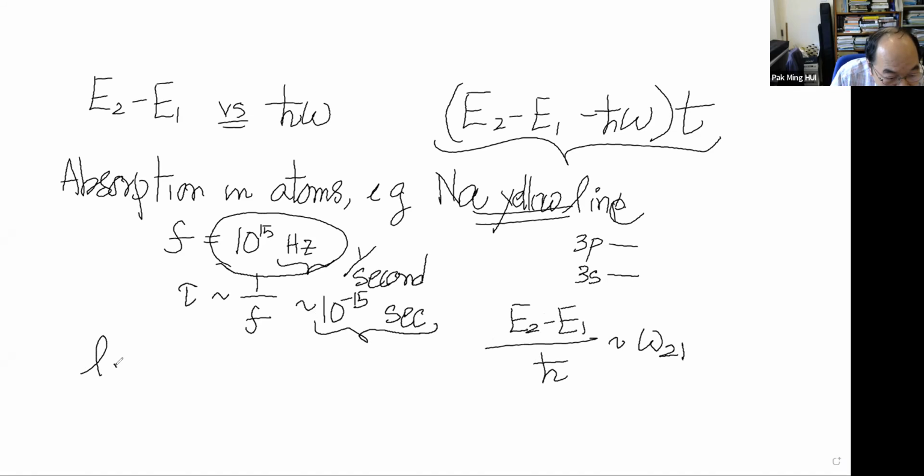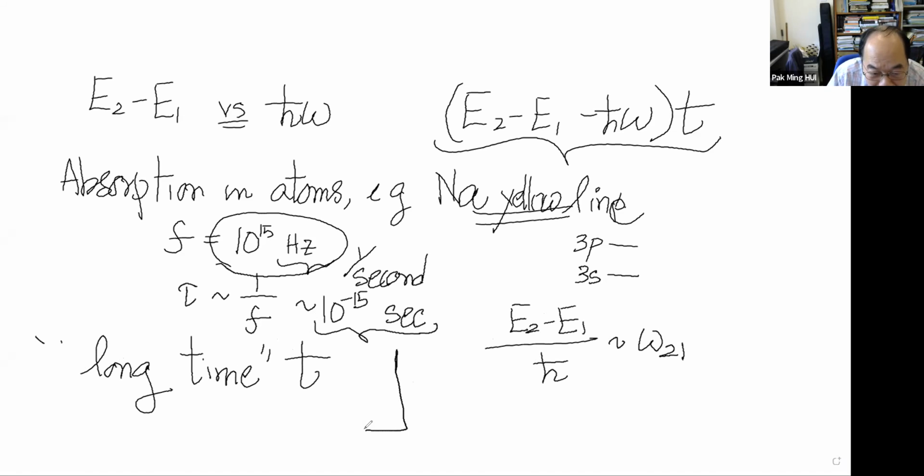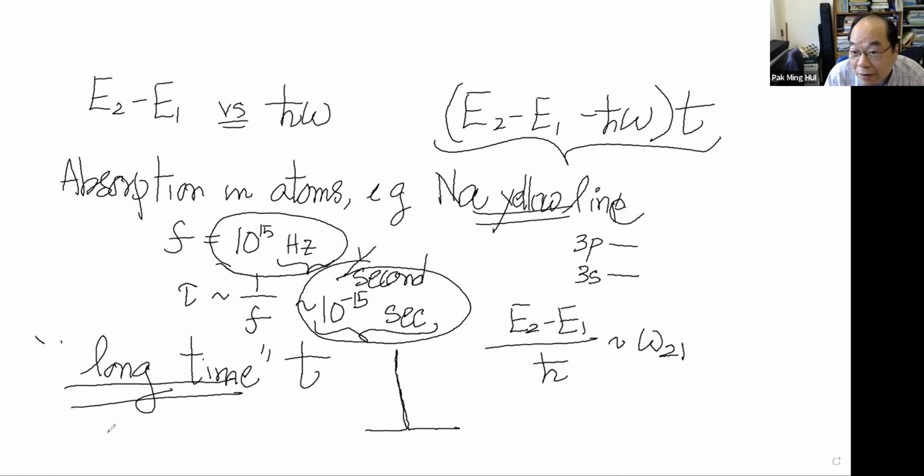So when we say that we need a so-called long time to see the sharp peak, this long time is long compared with this kind of thing. So anything is long, okay?